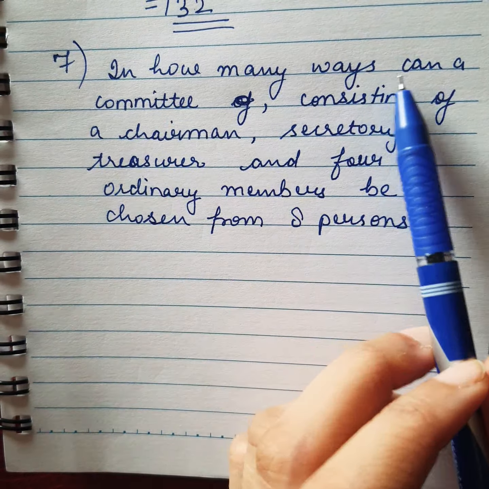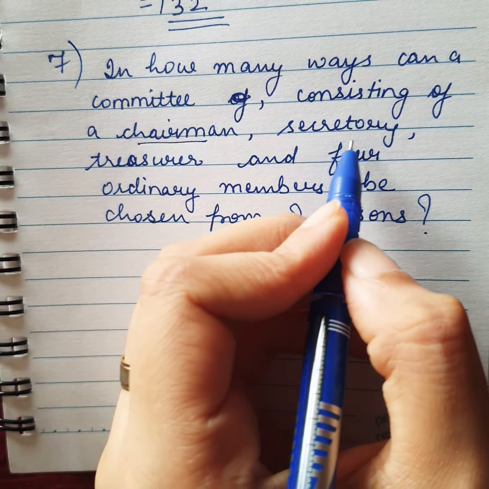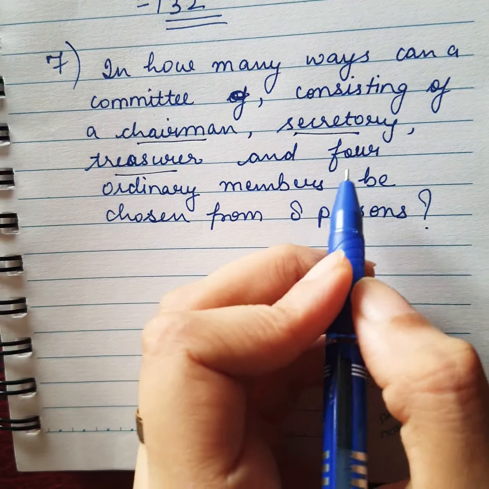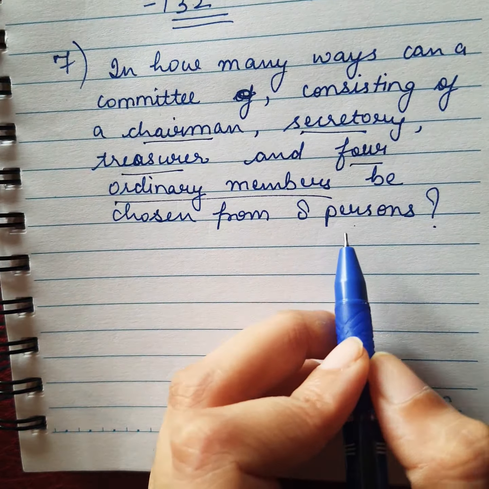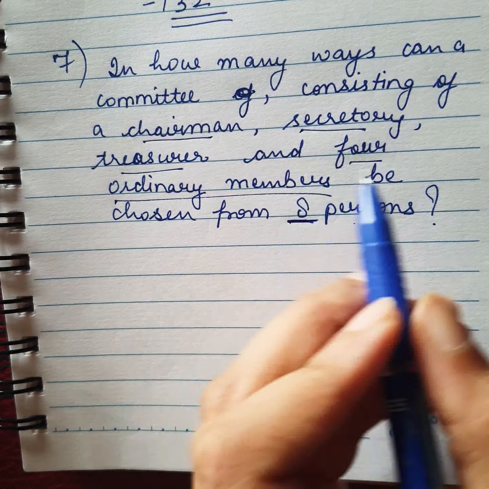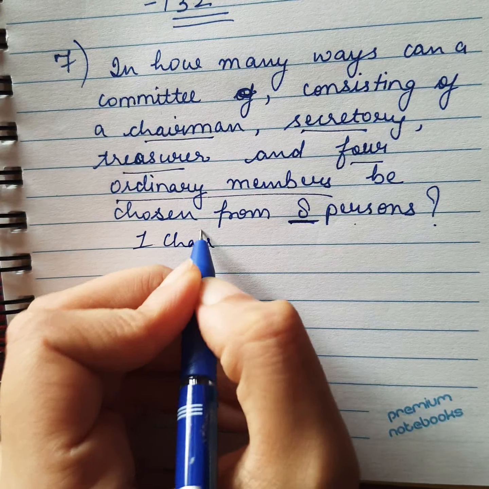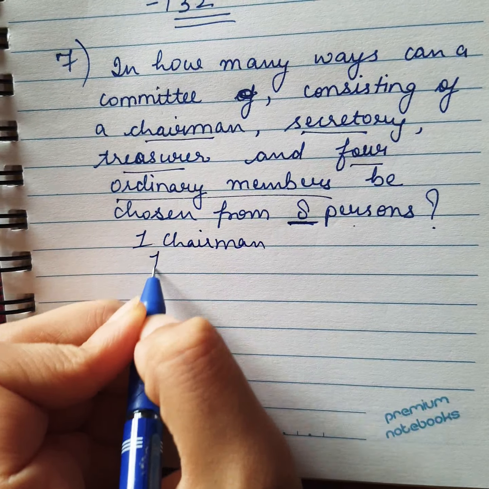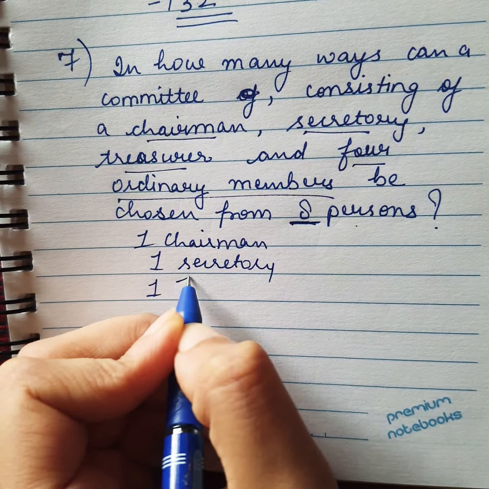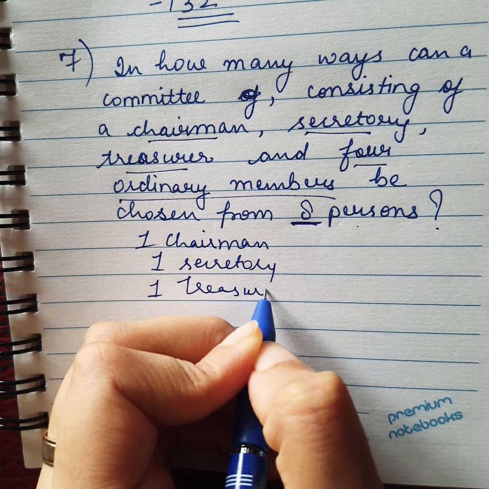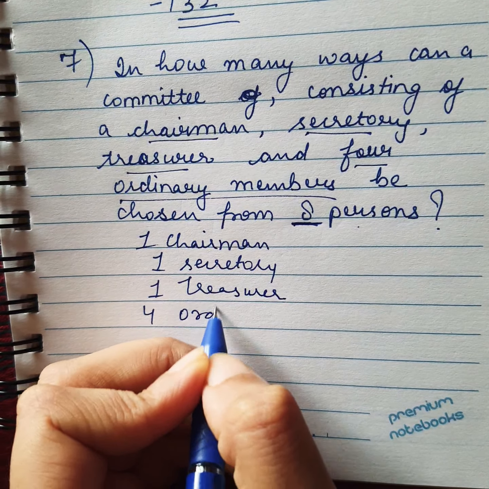7th question. In how many ways can a committee consisting of a chairman, a secretary, a treasurer and 4 ordinary members be chosen from 8 persons? So total people are 8, out of which we need to select 1 chairman, 1 secretary, 1 treasurer and 4 ordinary members.